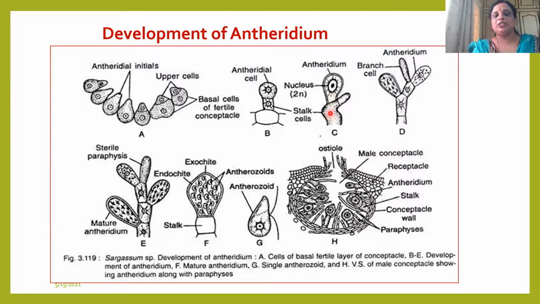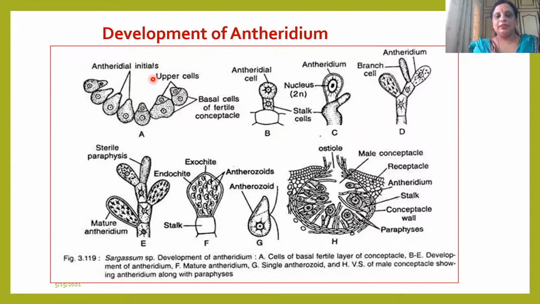At the same time, the stalk cells also start developing, and they can produce one more antheridium. If that particular branch is not producing an antheridium, it is going to develop into the sterile paraphysis. Once again, I will repeat. At the inner wall of the conceptacles, some cells become distinct. Those are called antheridial initials.